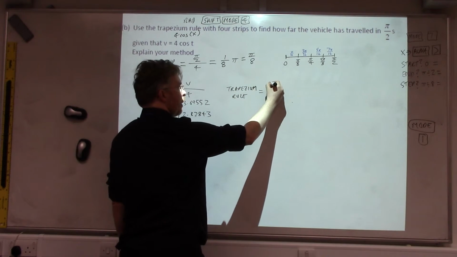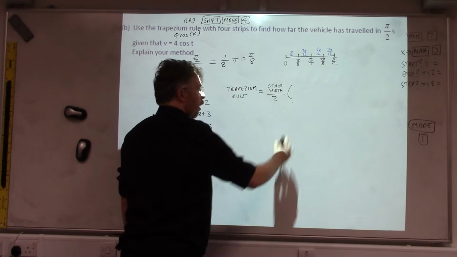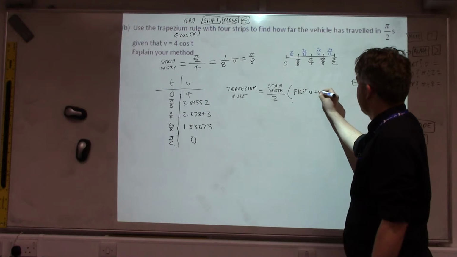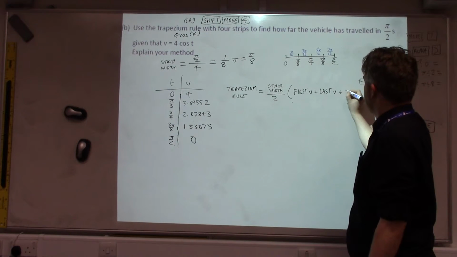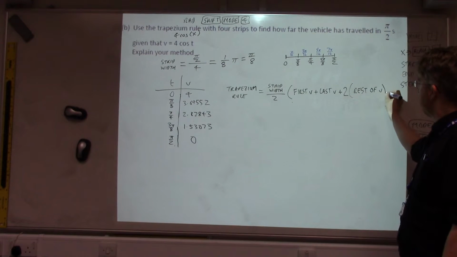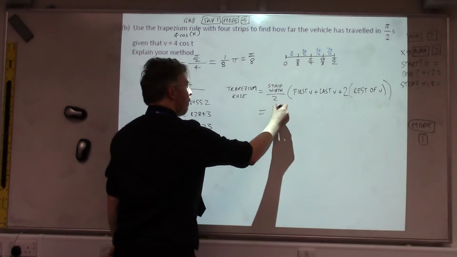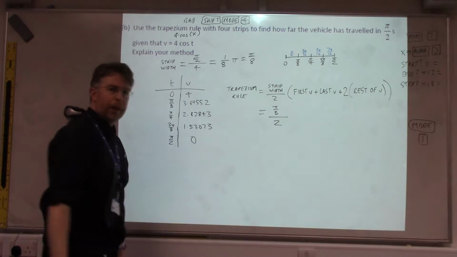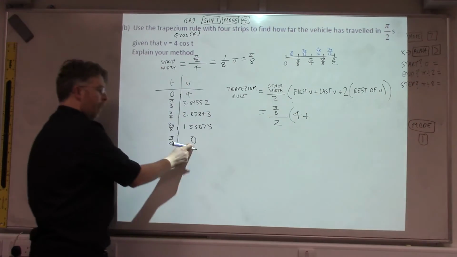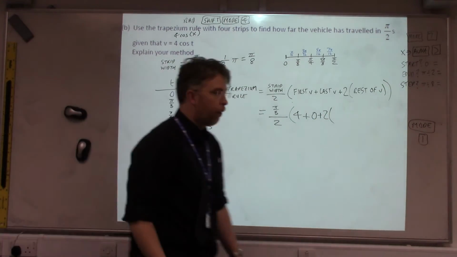Equals strip width divided by 2. Open bracket, first V plus last V, plus 2 times the rest of the V. So the strip width is pi over 8, pi divided by 8, divided by 2, open bracket, first V is 4, last V is 0, plus 2 times the rest of them added up, the other 3.